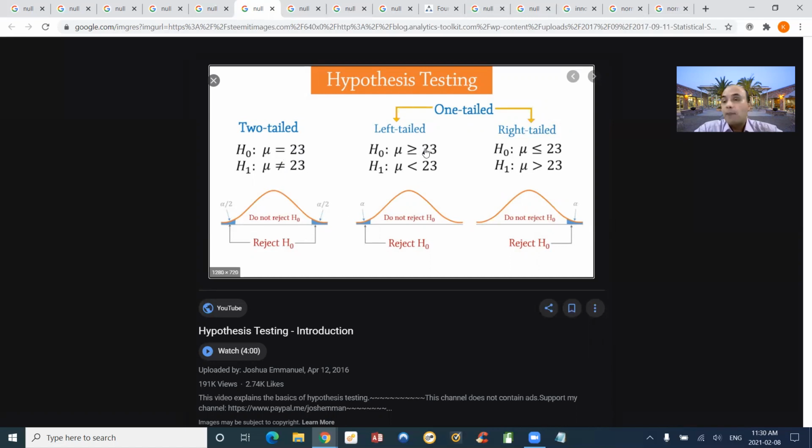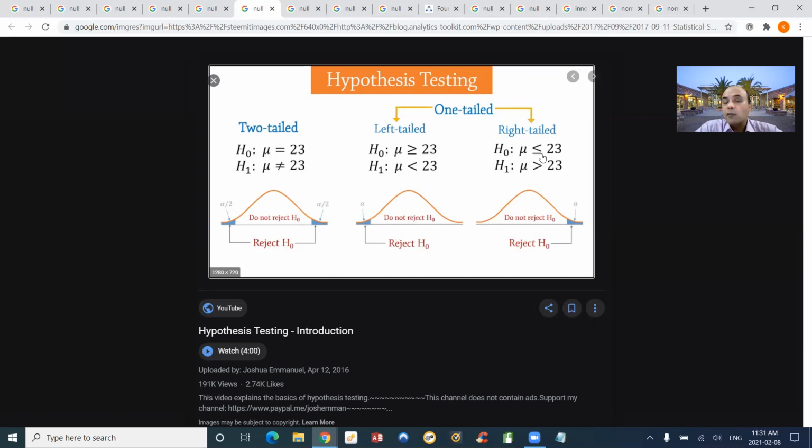If it is greater than or equal to 18 years old, then the mutually exclusive statement would have to have the mean to be less than 18. Again, I'm referring to that experiment where I was talking about the driving license and 18 years old. This is, of course, 23 coming from a different experimentation. And this is basically the left tail, so we call it the left tail.